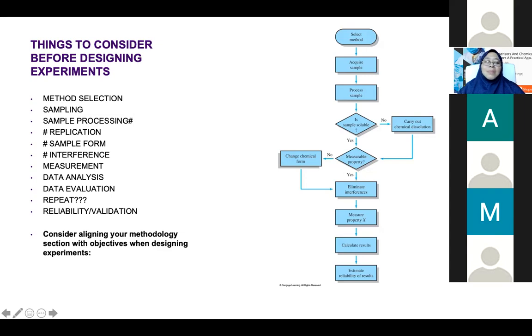Sample form. When we talk about sample processing, it relates to replicates and sample form, suitable forms to be run for analysis. Replicates means that you cannot just run a single experiment. It has to be replicates, a minimum of 3, but sometimes a minimum of 3 is not enough, because the data that you obtain, we'll talk about under data analysis, might have blunders.